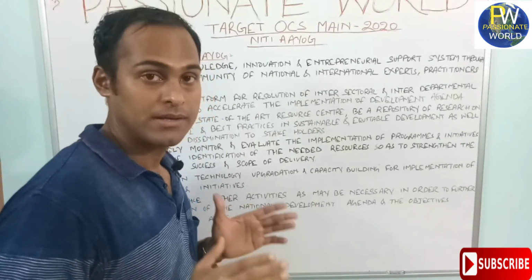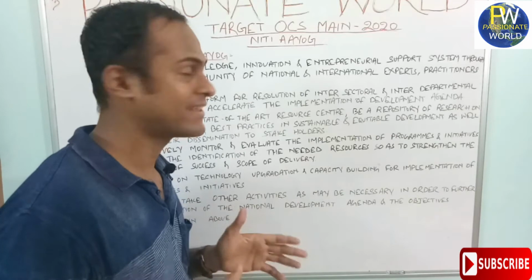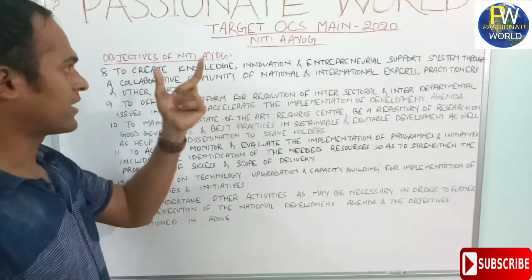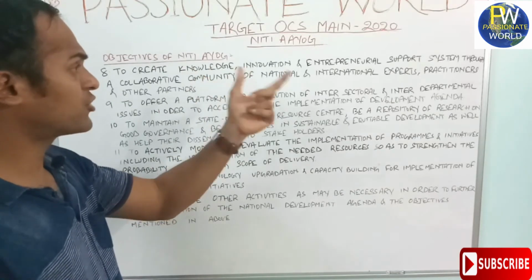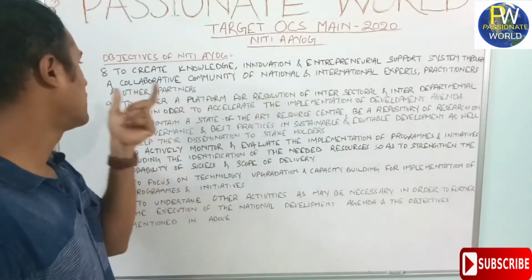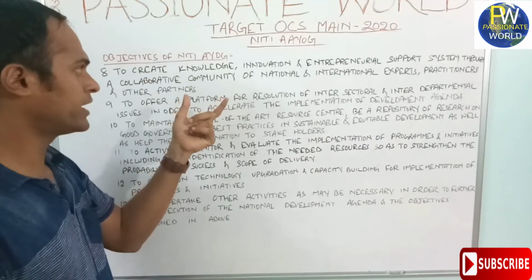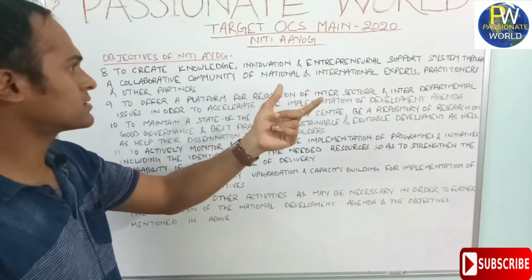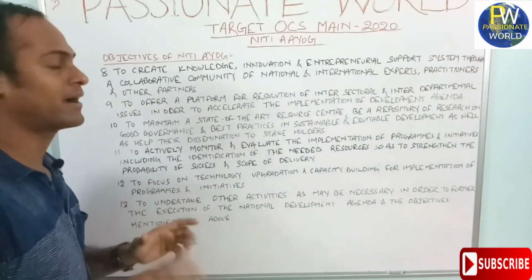Coming to the next objective of NITI Aayog, objective number 8: to create knowledge, innovation and entrepreneurial support systems through a collaborative community of national and international experts, practitioners and other partners.